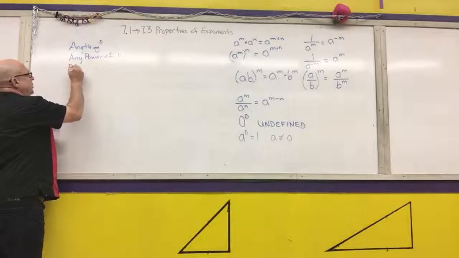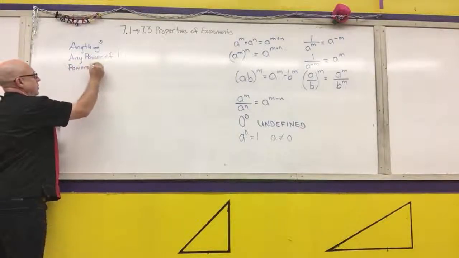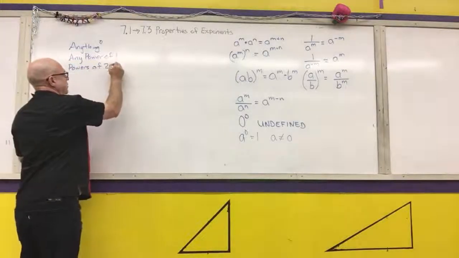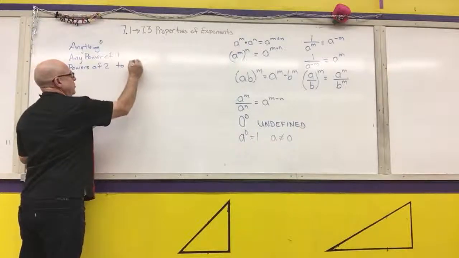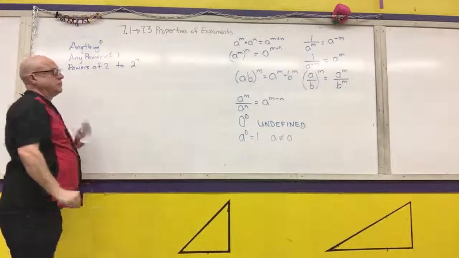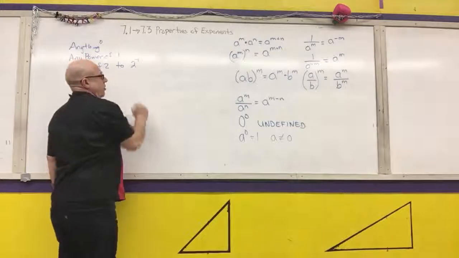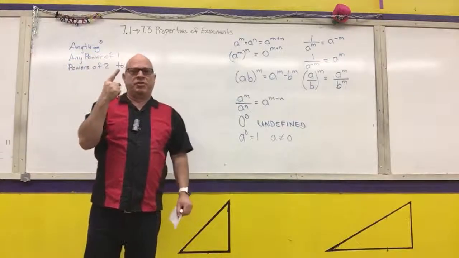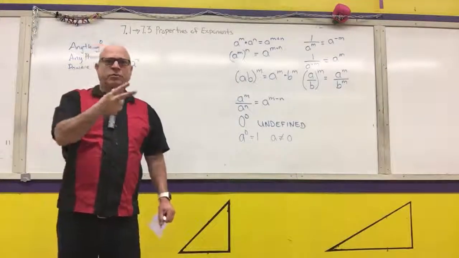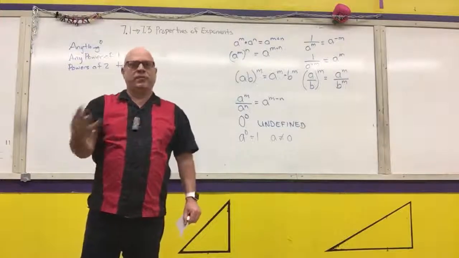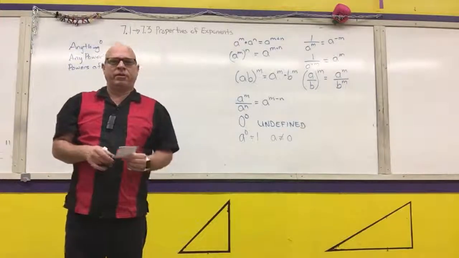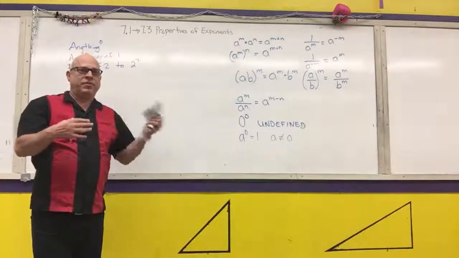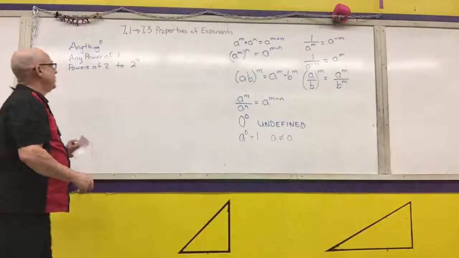Powers of 2, 2 to the 0th through 2 to the 7th. I expect you to know that 2 to the 0th is 1, then 2, 4, 8, 16, 32, 64, and 128. If you just need to, multiply those out.